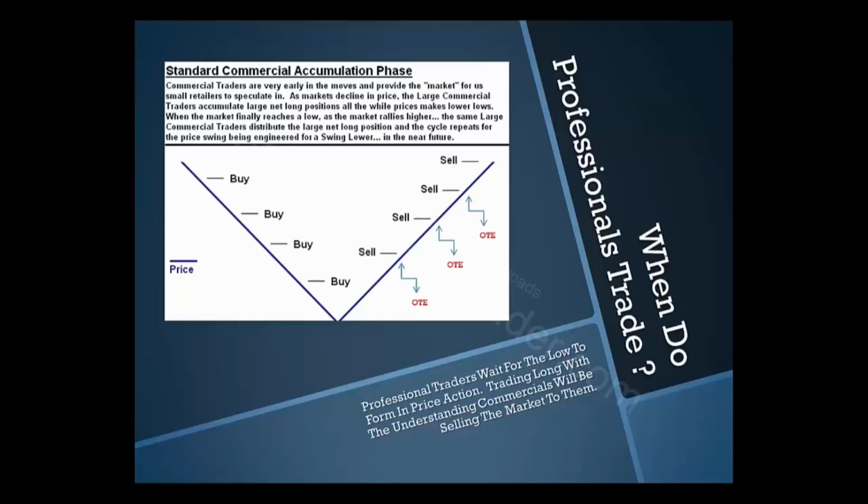As they were buying, the net long position of the commercials would be above the basis line. Or if it's below the zero line, showing a net short position, it would be dramatically reduced.